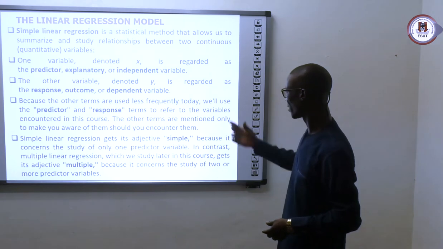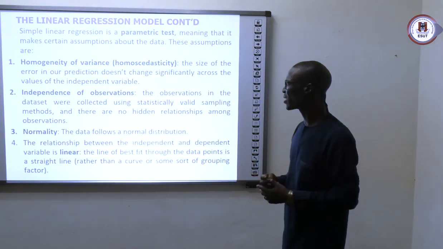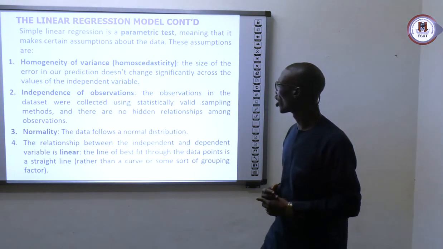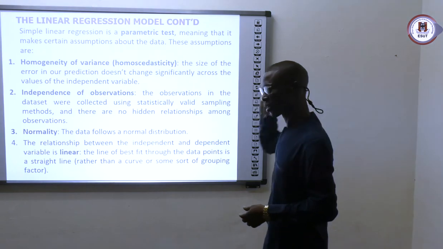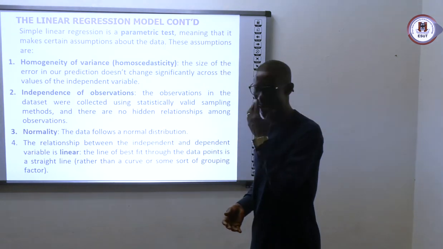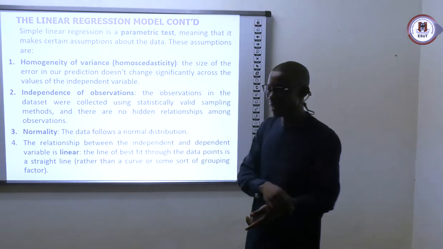Let us go further. So here we have some fundamental conditions in regression analysis. First of all, we test the parameter. The parameter is to know how much change in x is imparted to y.